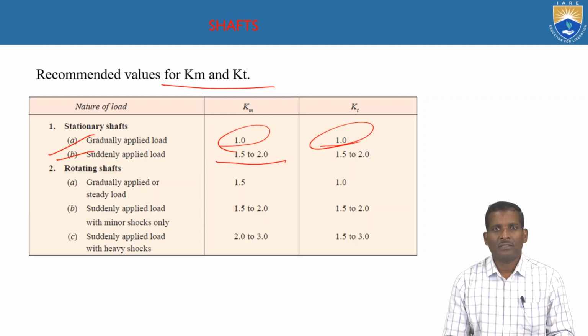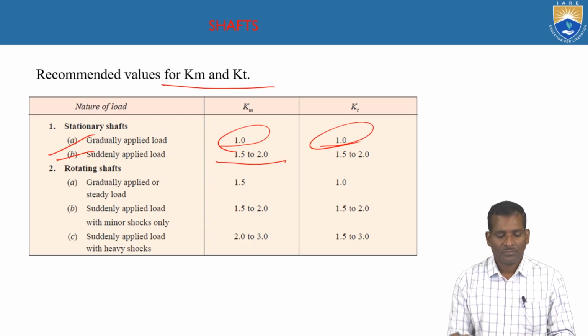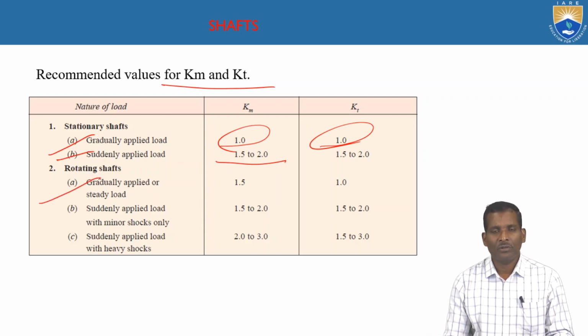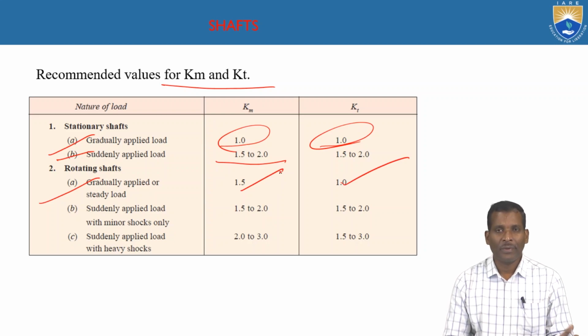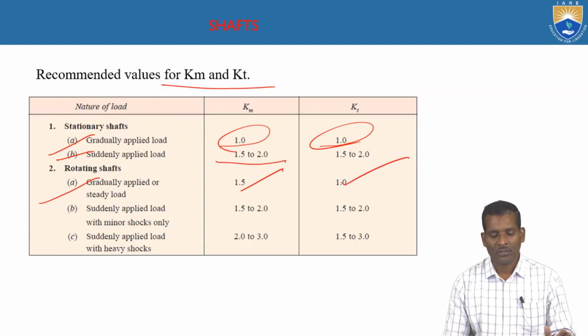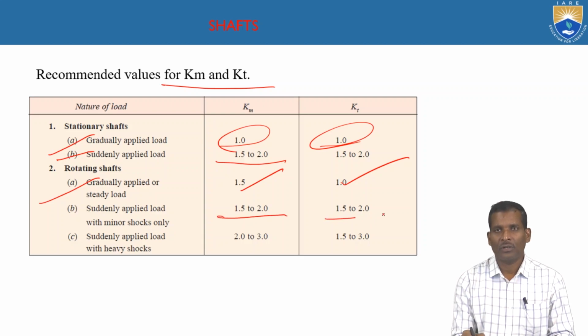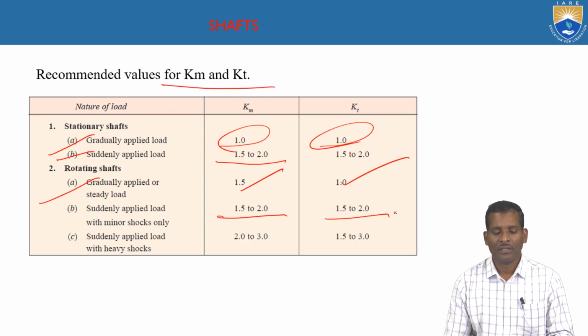The second case is rotating shafts. For gradually applied or steady load, Km is 1.5 and Kt is 1. For suddenly applied load with minor shocks, Km and Kt are 1.5 to 2. The third one is a rotating shaft with suddenly applied load with heavy shocks.